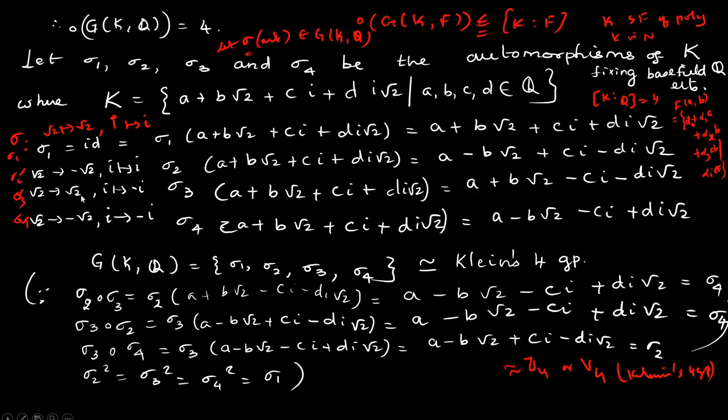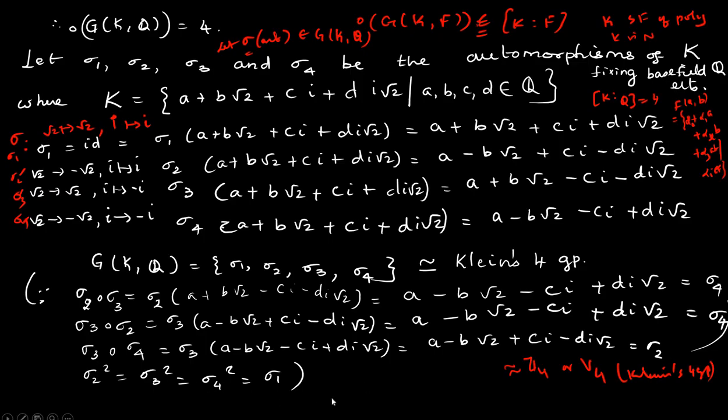Sigma 3 means root 2 remains as such, and i is only taken to minus i. Here we are concentrating only on sigma 3. It will retain root 2 as such and changes only i to minus i. So you have minus i, and here also this. So if you look at the right side, it is sigma 2.